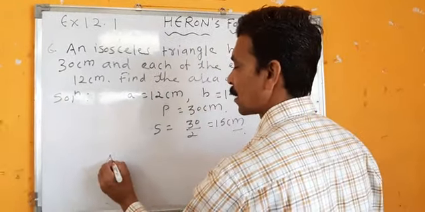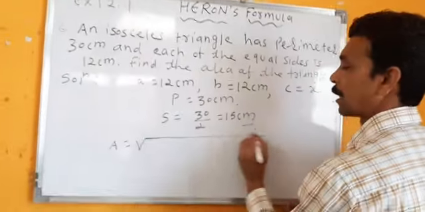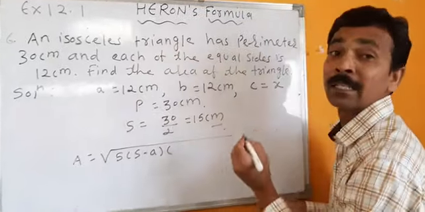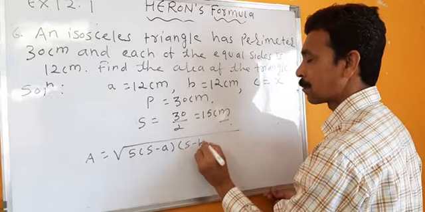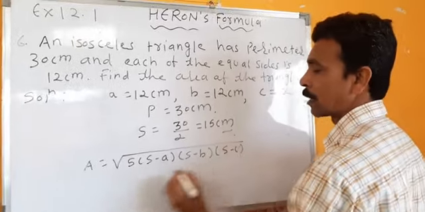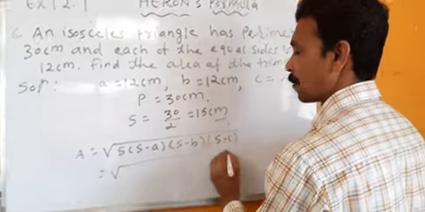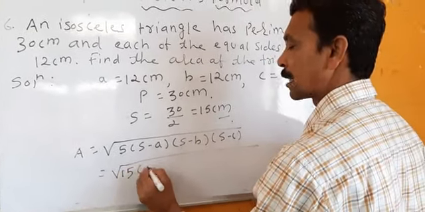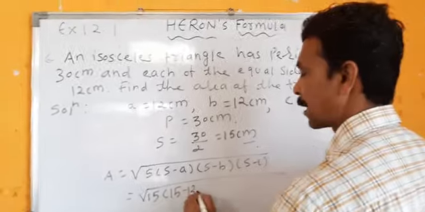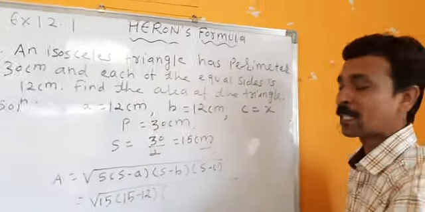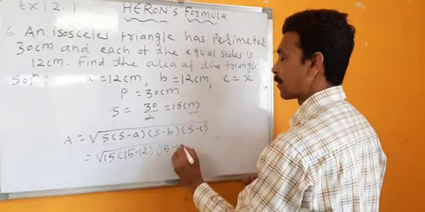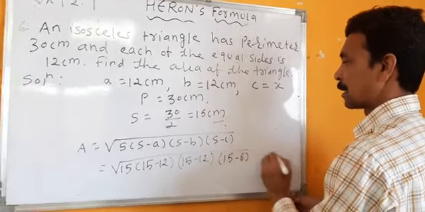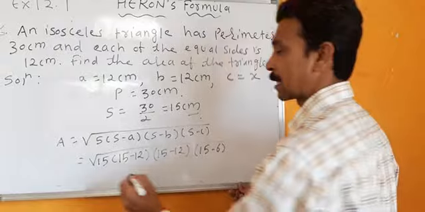Now write the formula. Area is equal to under root S into S minus A into S minus B into S minus C. What is the value of S? 15 into S minus A means 15 minus 12, into S minus B means again 15 minus 12, into S minus C means 15 minus 6, because value of C is 6.